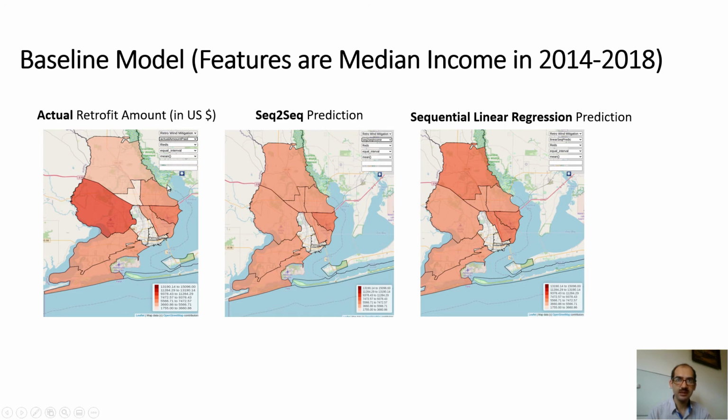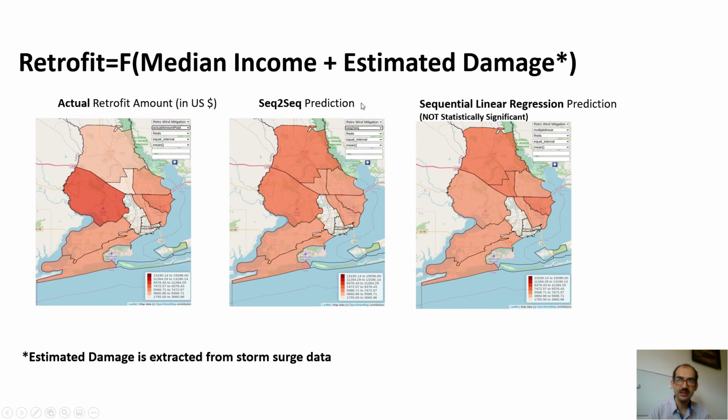This is the baseline model, and even in the baseline model, as my first effort, seq-to-seq gained higher accuracy. As I will explain later, it also gets higher accuracy when I compare it against the non-sequential version.